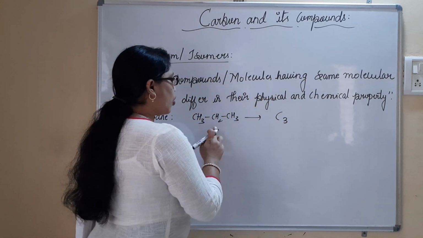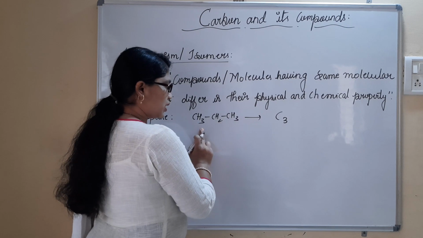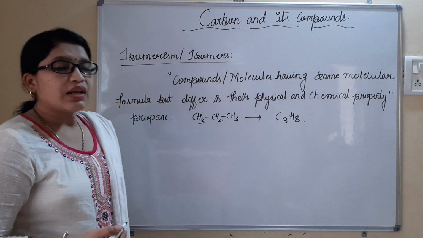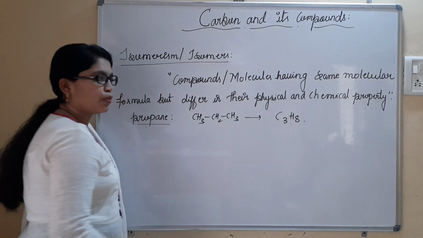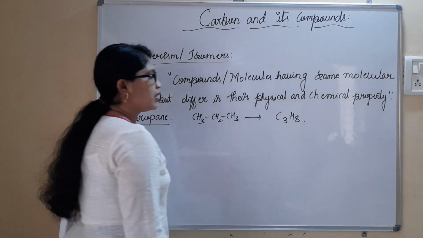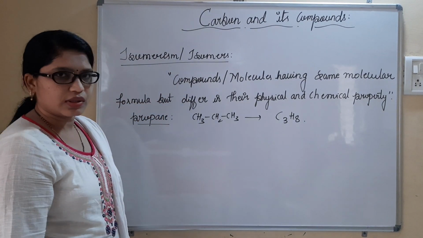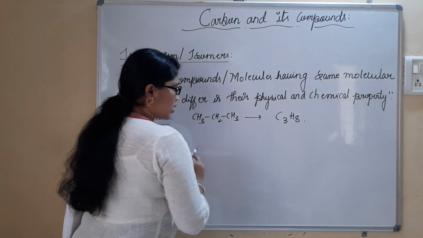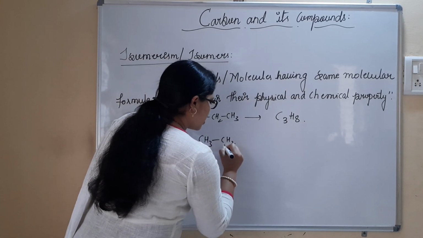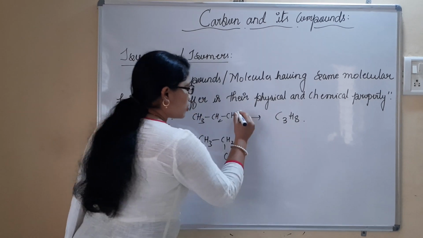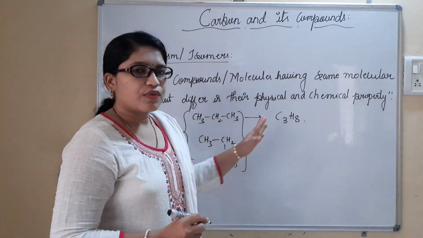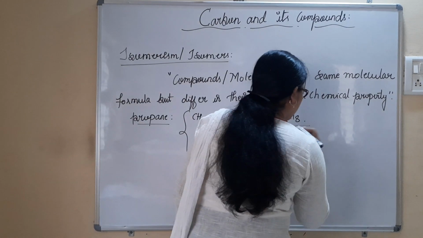C3. How many hydrogens? 3 plus 3, 6, plus 2, 8. C3H8 is the molecular formula we write for propane. This is the straight chain structure I have written. I could even write it as CH3, CH2, CH3. One or the other are the same structure for this formula C3H8.